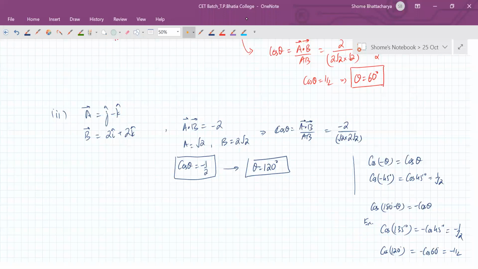Okay. So hope this is clear, no? You have to remember the trigonometry values, okay?